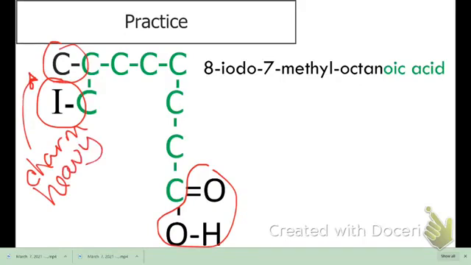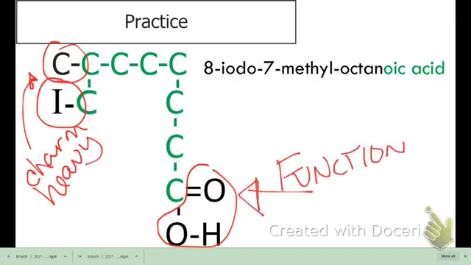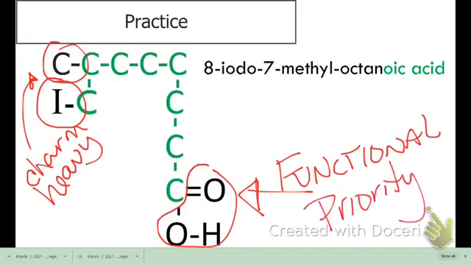However, this is the functional group. And the functional group has priority. And because this functional group is on the end of that carbon, that is going to make this carbon number 1, 2, 3, 4, 5, 6, 7, 8.